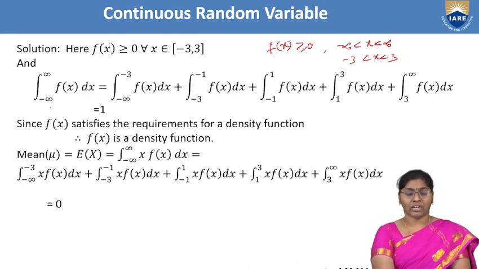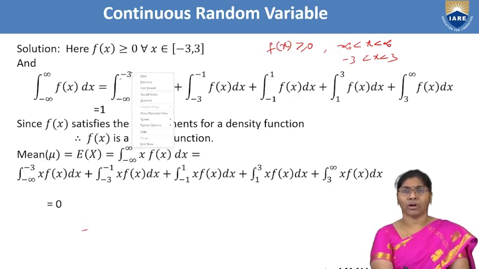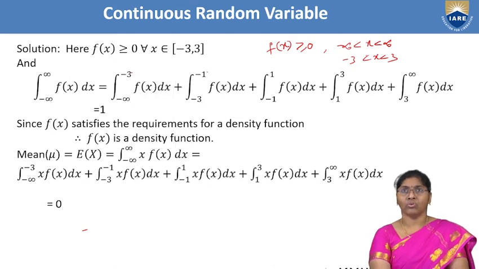In this arrangement, the integral from minus infinity to infinity of f of x dx can be written like this: the integral from minus infinity to minus 3. We are using subparts. Next, minus 3 to minus 1, minus 1 to 1, 1 to 3, and 3 to infinity.